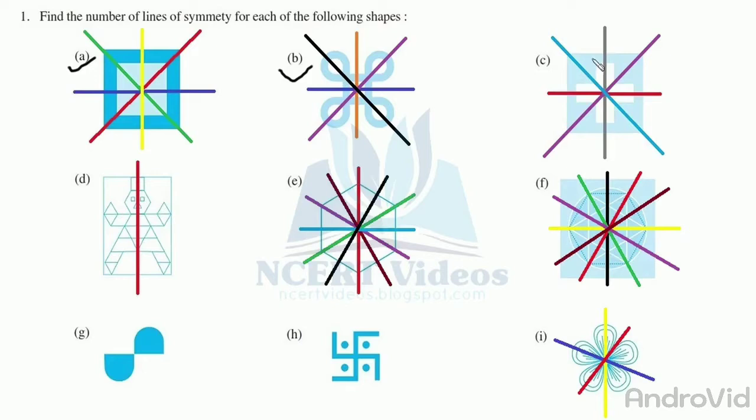Now C part. Now this is the plus. Pictorially represented, here again we have 1, 2, 3 and 4 possible lines of symmetry.